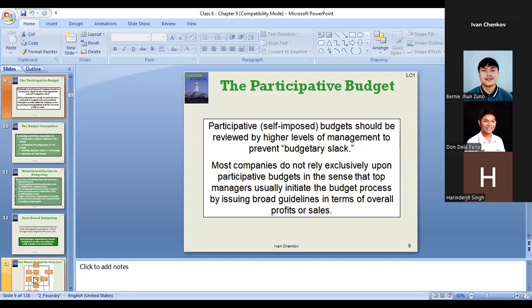Let's say the manager of a car dealership is measured and rewarded, and his bonus depends on the cars that he sells over the next 12 months.